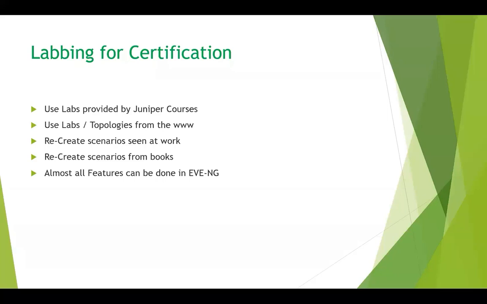There are so many folks out there willing to help if you're struggling with something. So especially if you're doing this for certification, it makes sense to use EVE-NG because it really gives you a great benefit and you can adapt really quick to changes that you have to do.